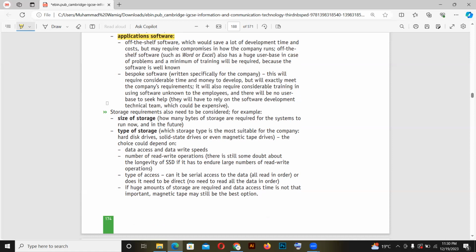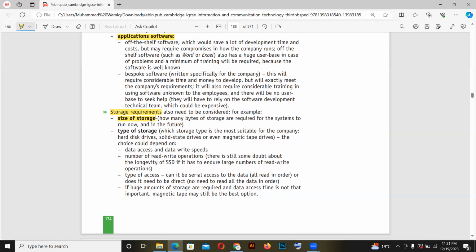The last thing is that I also need to consider my storage requirements. For example, what is going to be the size of the storage? If I'm purchasing a mobile phone or laptop, I'm also looking at which type of storage I will require, let it be in GBs, MBs, or other than that.